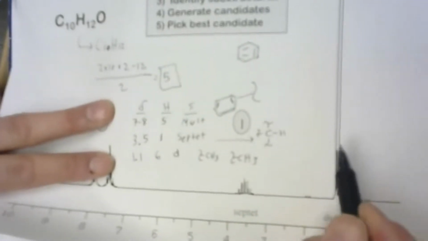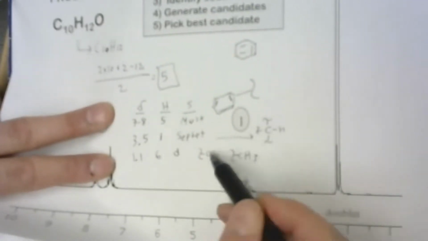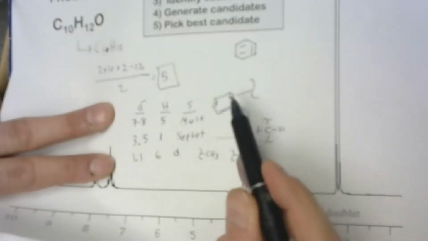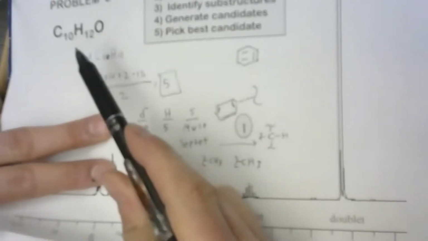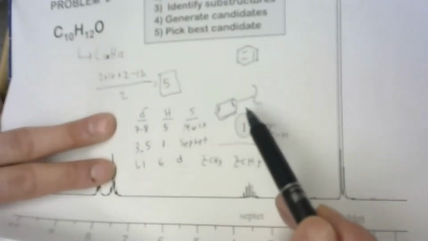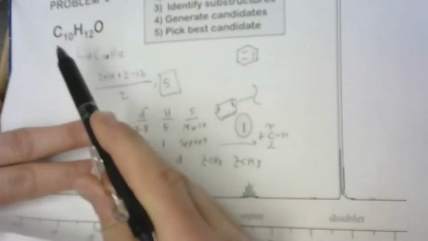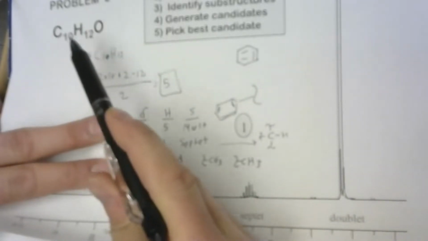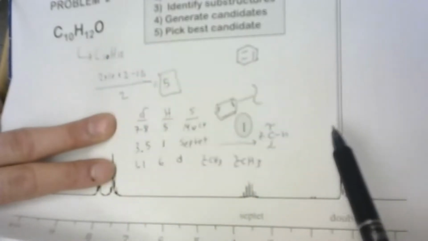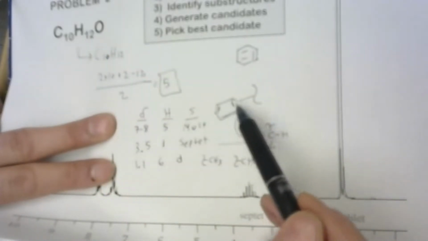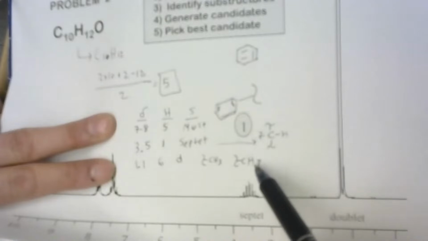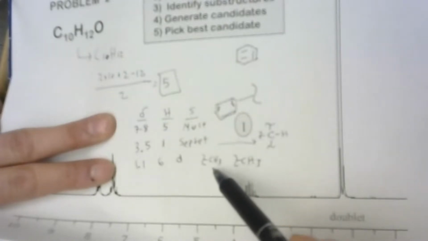Okay, so how many pieces do I have? I have the 2 methyls, I have a CH, I have a benzene. Does this add up to 10 carbons? I got 6 in the benzene, 7, 8, 9 carbons. Uh-oh, there's 10 carbons. What about the number of protons? How do I count? 5 here, 5, 6, 7, 8, 9, 10, 11, 12 protons.